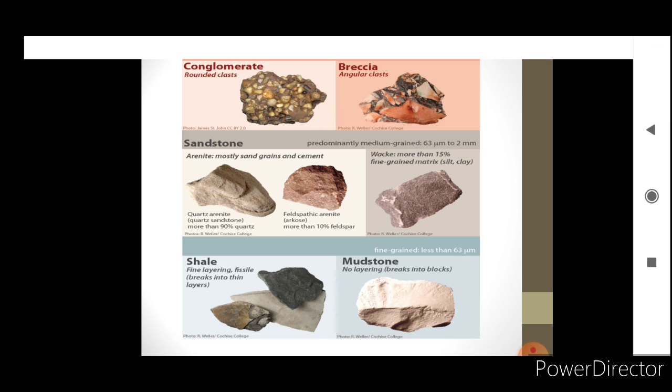Now, is there any other type of sedimentary rock? The last ones. Mudstone is also one of the sedimentary rocks. It has no layering, and it easily breaks into blocks. And the other one, gypsum rocks, are also known as sedimentary rocks.